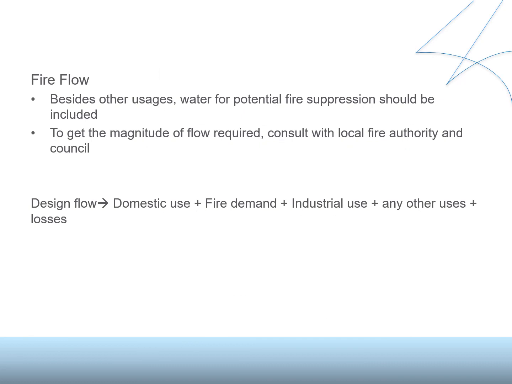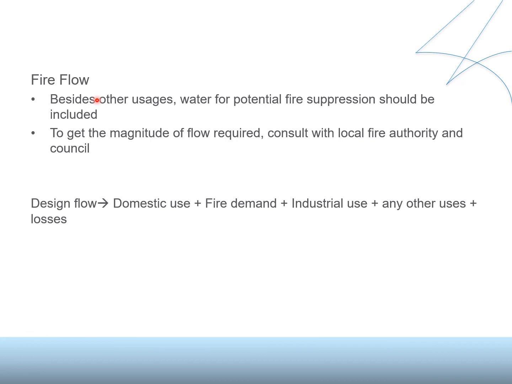Now, the last one we need to consider is the fire flow. Once you have the demand for industries and residential and all those demands, another factor you need to consider is the fire flow. So besides the other uses we discussed, water for potential fire suppression should be included in your design.